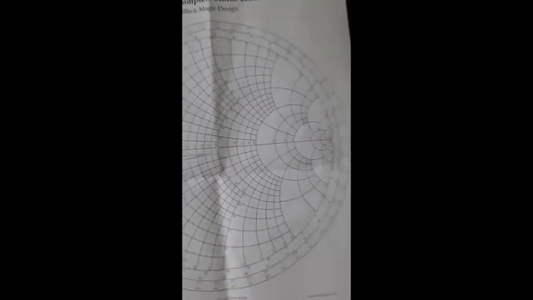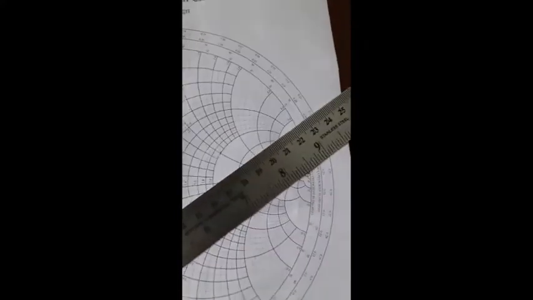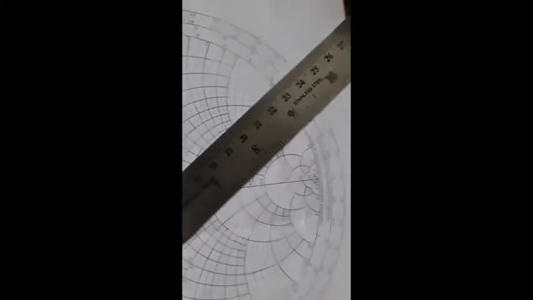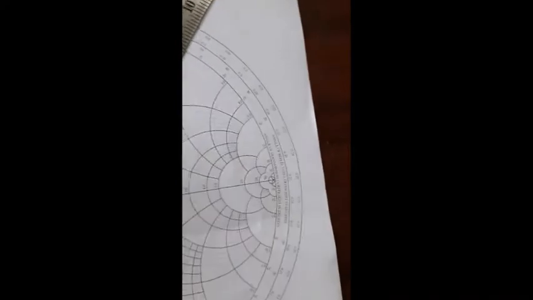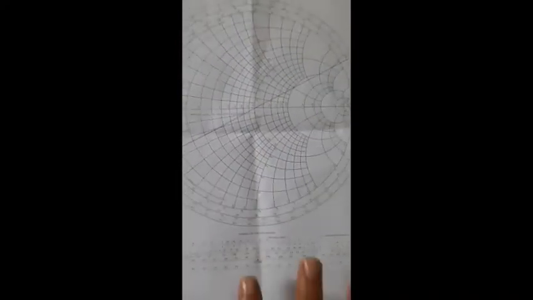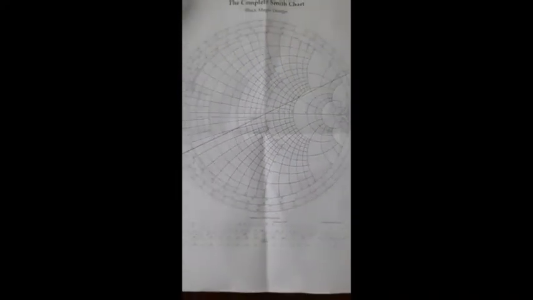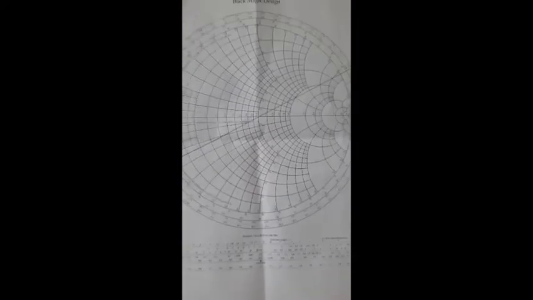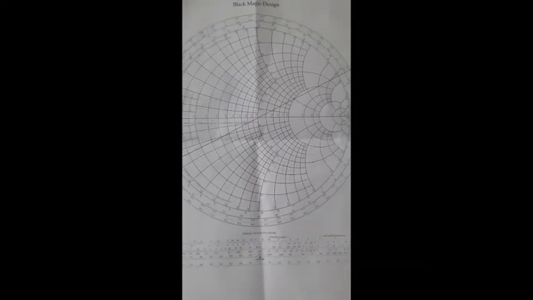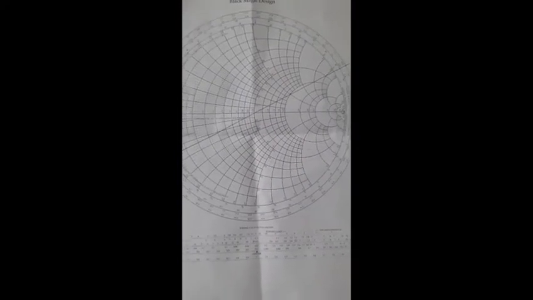Next is to draw the line. So we'll put a scale. As you can see, I have drawn a line passing through the center of the Smith chart and the intersection point.